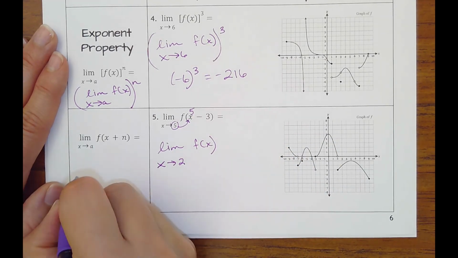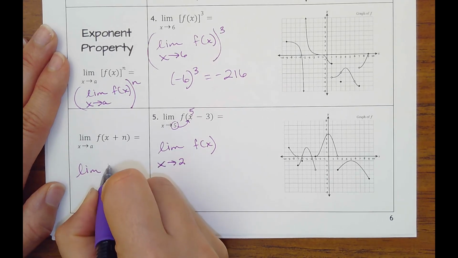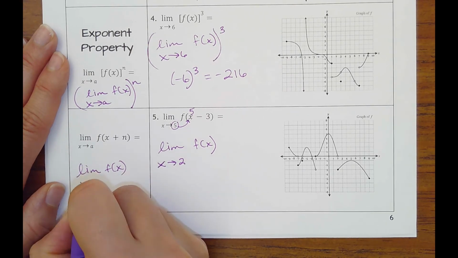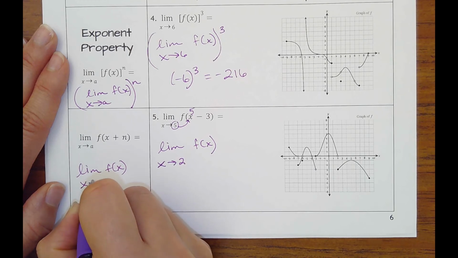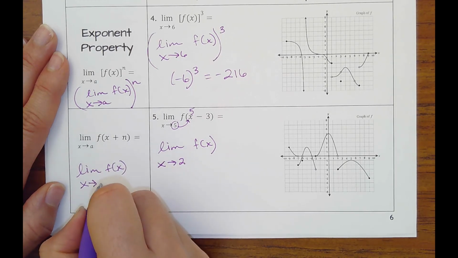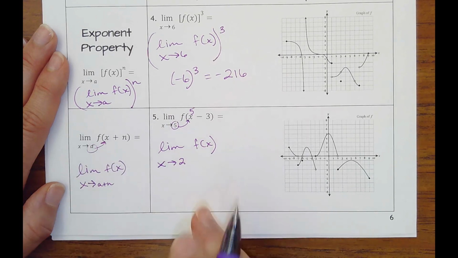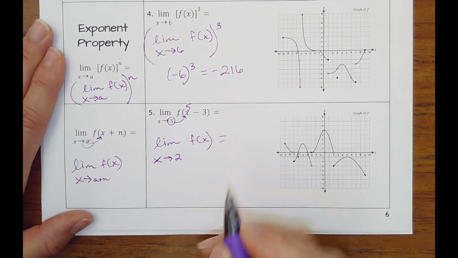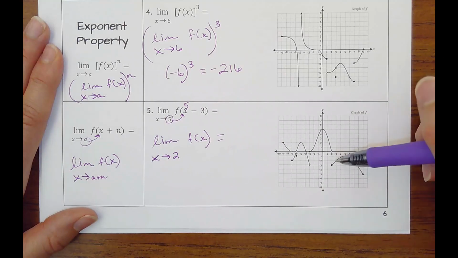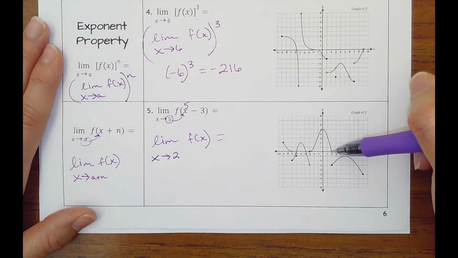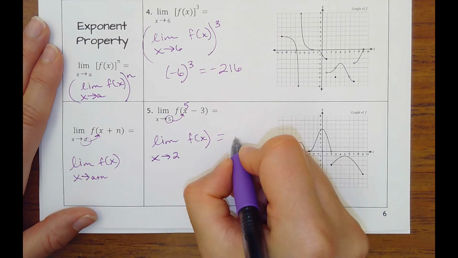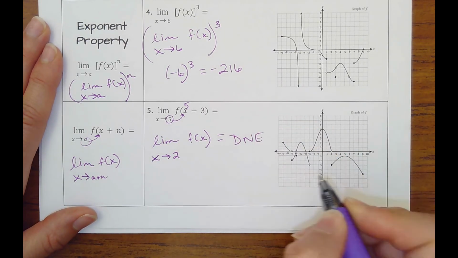Okay, so your limit here will become just regular old f of x as x approaches your a plus n, whatever value that is when you plug that in. Okay, so we'll look over here. As x approaches 2, it looks like it does not exist because there is a different left-handed and right-handed limit. So it's DNE anyways.